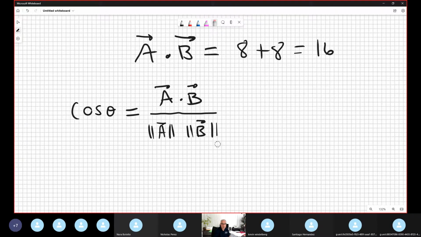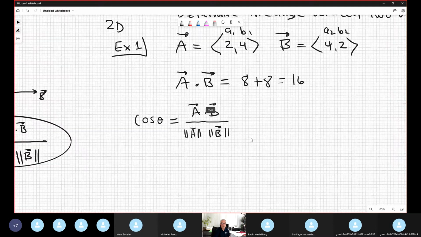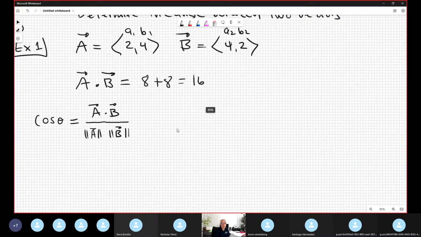Okay, so let's find the magnitude. Magnitude of A is the square root of 2 squared plus 4 squared. So it's similar to the distance, but in this case we have only 1 point because the other point is the origin, 0,0.